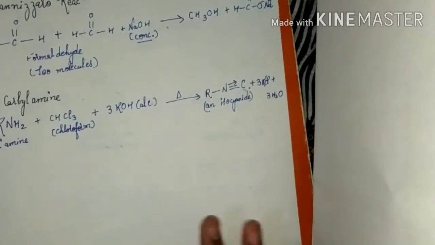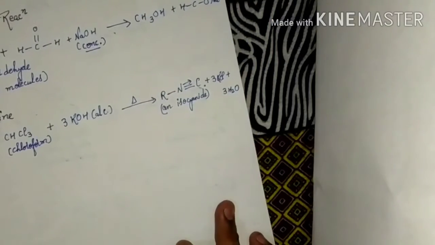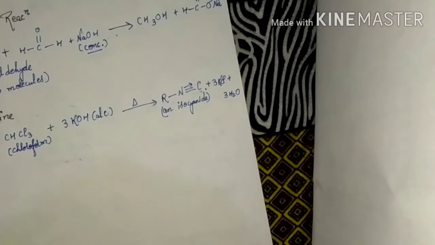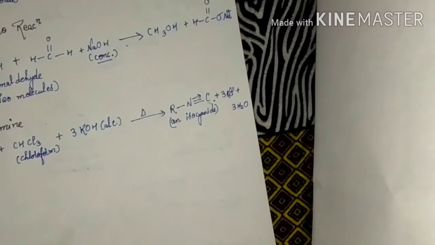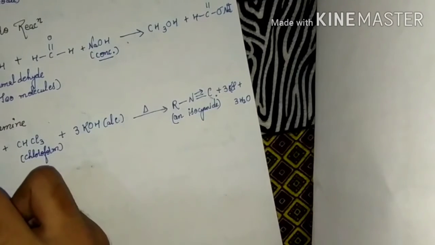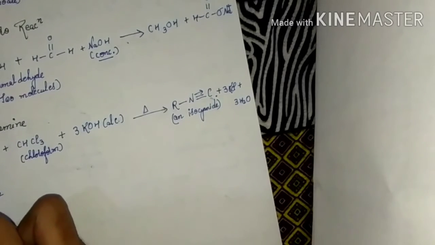Okay, one more reaction in carbylamine is that aniline, with chloroform and alcoholic KOH, gives phenyl isocyanide. That you have to remember for your lifetime. Here lifetime refers to if you are taking chemistry as your major.